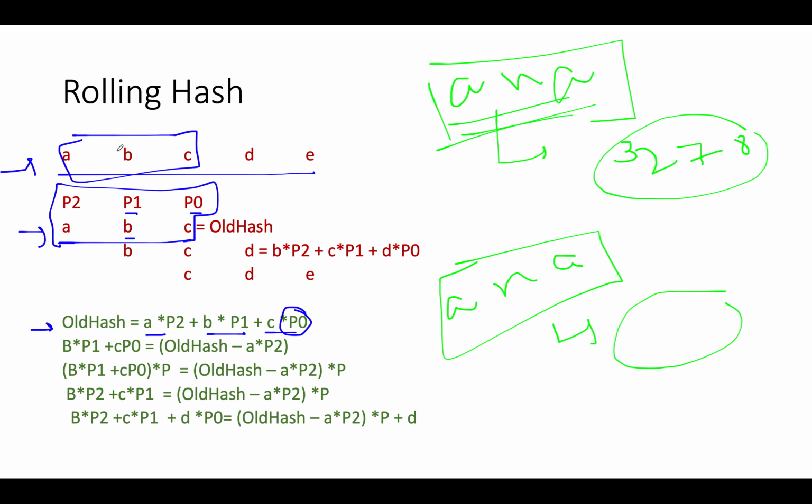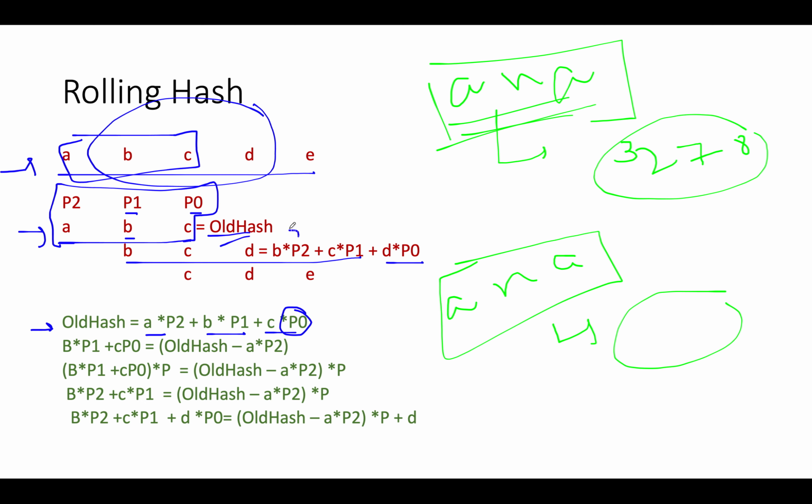Now let's check the next possible substring, which would be BCD. Can we reutilize the old hash to generate the new hash for BCD? The new hash for BCD would be B into P squared, plus C into P^1, plus D into P^0, which is 1.